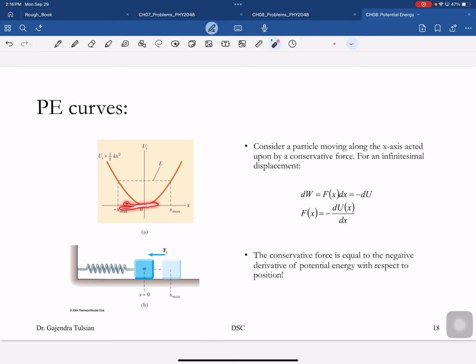Local minima are stable equilibrium positions. Local maxima are unstable equilibrium positions. You saw that you can balance a pencil on its tip. That's an equilibrium position, except that it's an unstable equilibrium position. This is a stable equilibrium position.